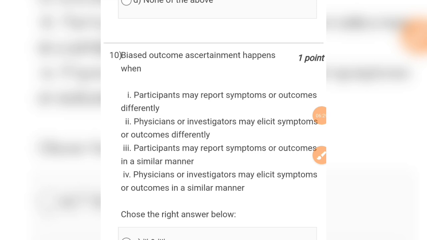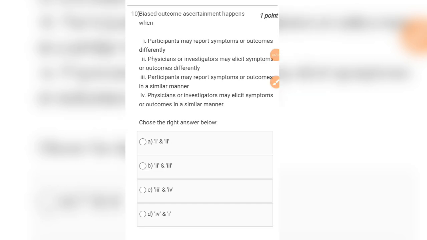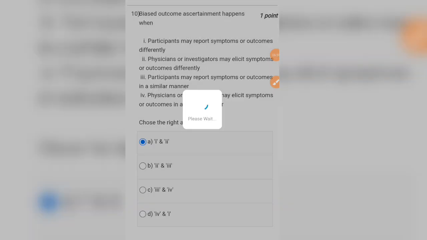Choose the right answer below. For question number 10, which one will be correct? Options: 1 and 2, 2 and 3, 3 and 4, and 4 and 1. So the answer will be 1 and 2: participants may report symptoms or outcomes differently, and physicians or investigators may elicit symptoms or outcomes differently. So now all the questions are solved. Submit assignment number 7.